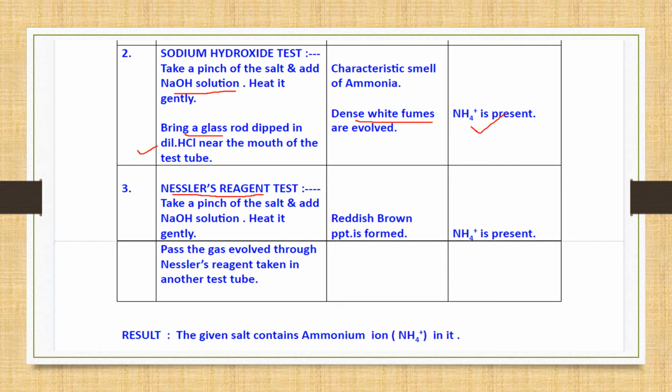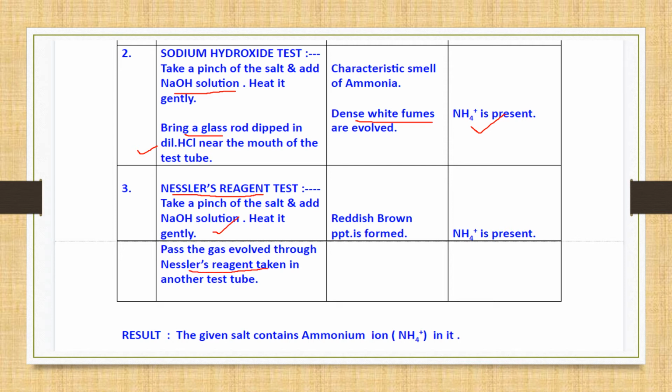So I have to carry it out again. And as soon as you see the bubbles, you collect them in a test tube by inverting an empty test tube over the test tube in which you are carrying out the test. And then you pass this gas through Nessler's reagent.